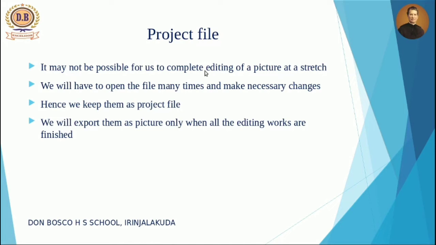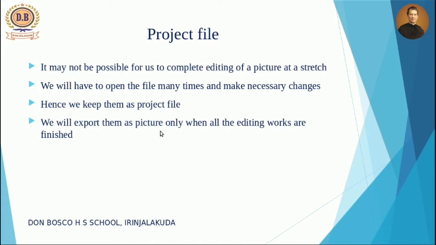So we have to open the file many times and we have to make necessary changes. So at that time, each time when we save that image after little editing, that image is saved as a project file, not as an image. After completing all the editing works, only then we will export that file as a image or as a picture.